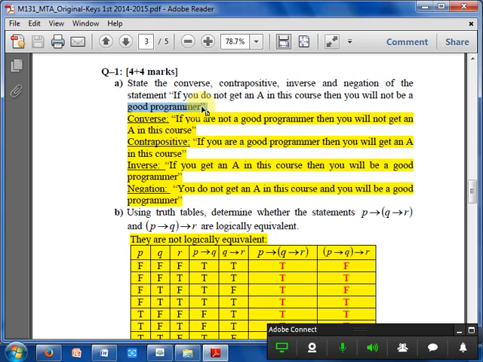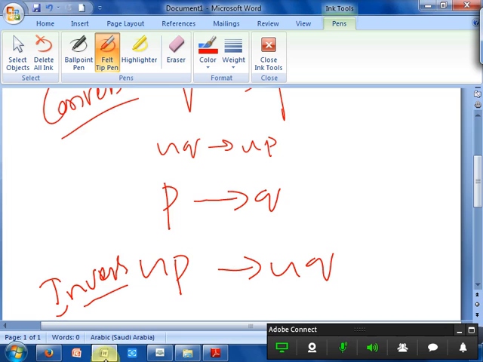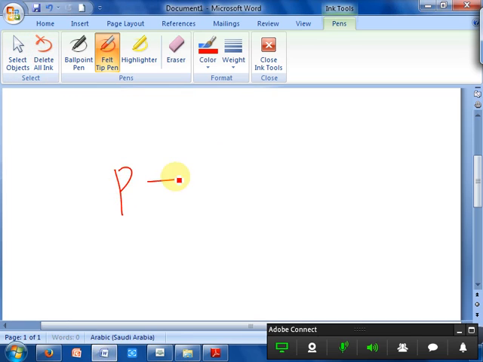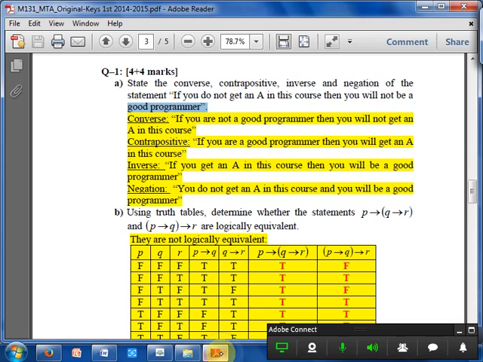See here. What is P then Q? If I say P then Q, you don't remember, I know. Okay, I will take this statement: if you do not get an A in this course, then you will not be a good programmer. This is a statement. Okay?